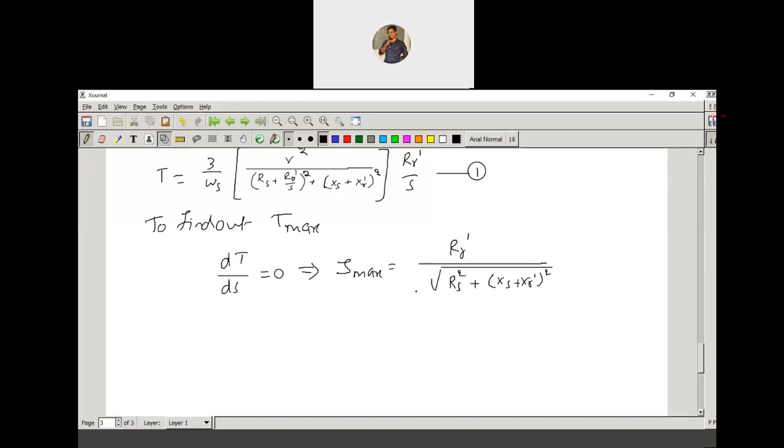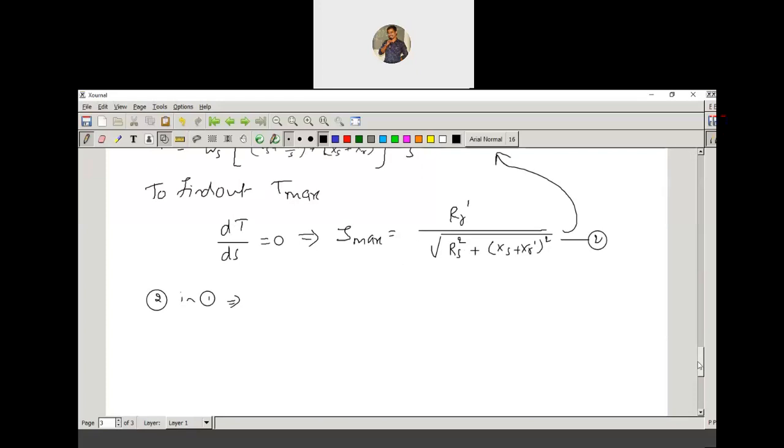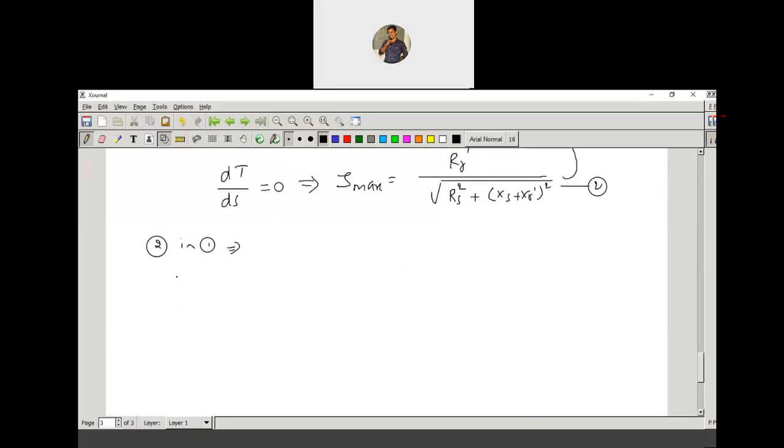Okay, so we have to substitute this value in equation 1. That is, equation 2 in 1 will give us the maximum torque. The maximum torque can be obtained from the torque equation by substituting S equals S max. Okay, so if you do this, we are going to get the maximum torque equation.